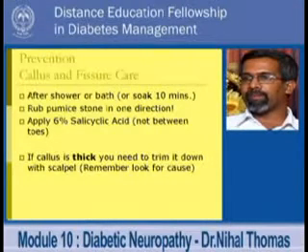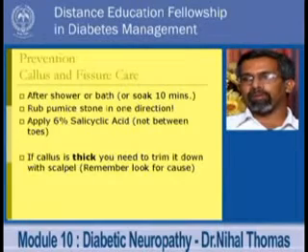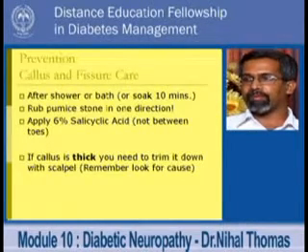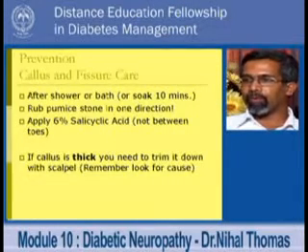So how do you prevent bad things from happening to the foot? Proper prevention basically means good callus and fissure care. After a bath, it's important to soak the feet for at least 10 minutes exclusively in warm water. Use a pumice stone for smoothing out the surface of the foot.